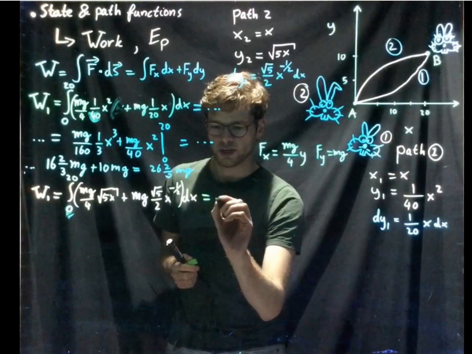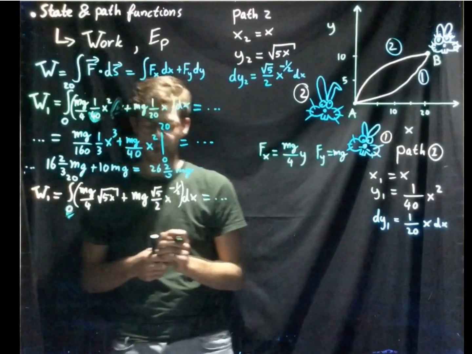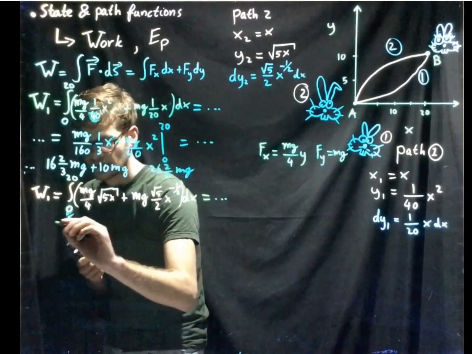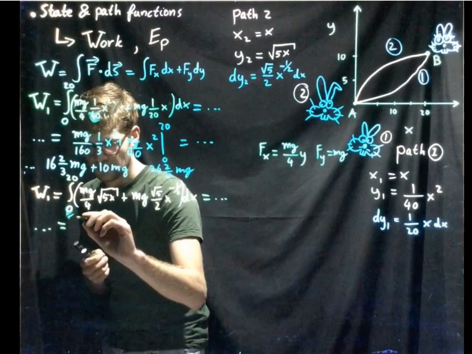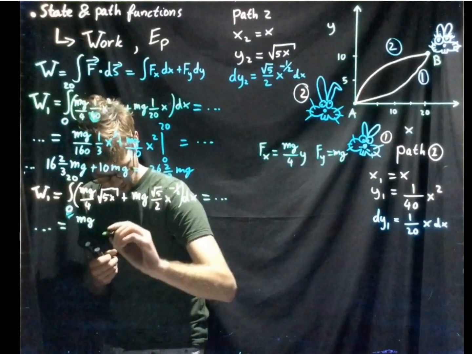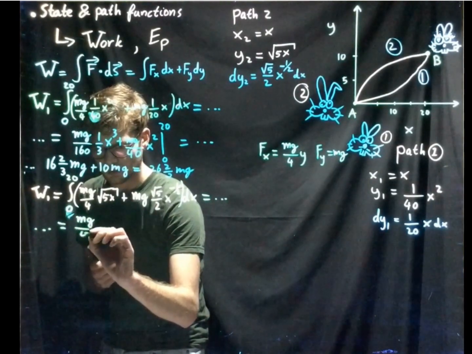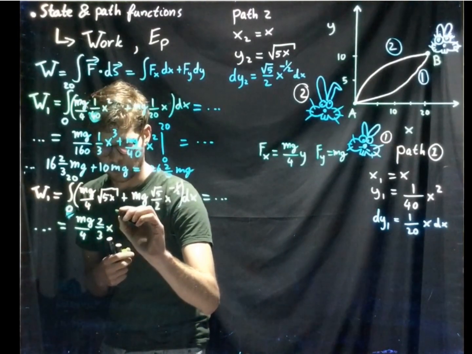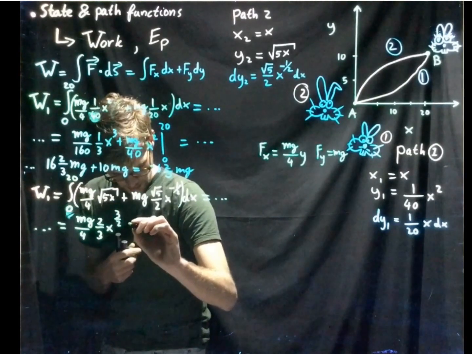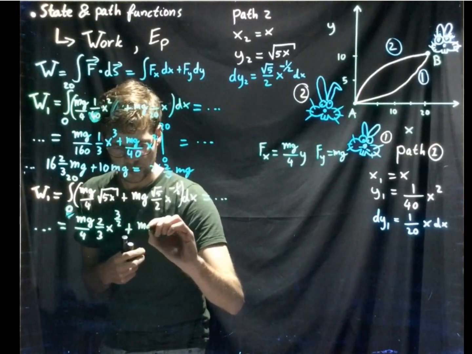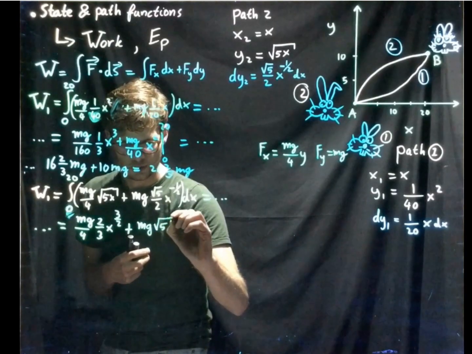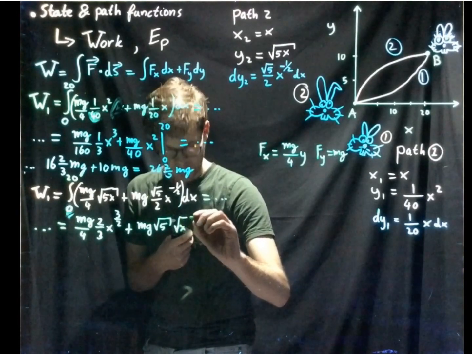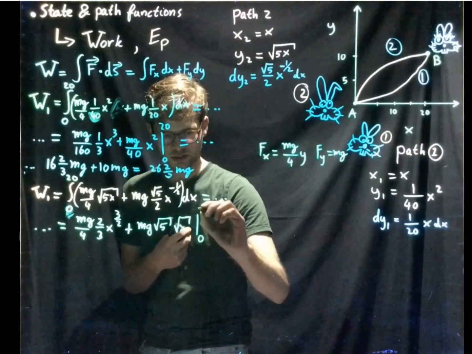If I work this out, and again, please try it for yourself first, I will find mg over 4 times 2 over 3 x to the power 3 over 2 plus mg multiplied by the square root of 5 multiplied by the square root of x, from 0 till 20.